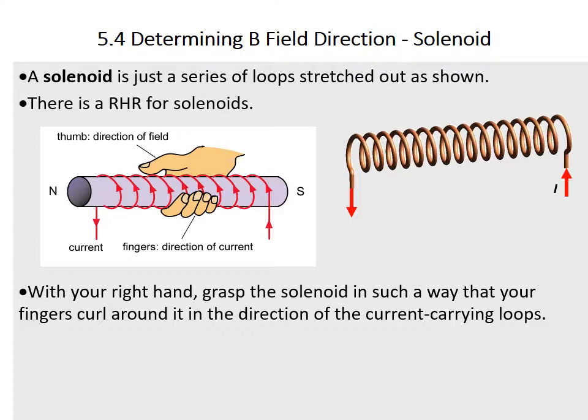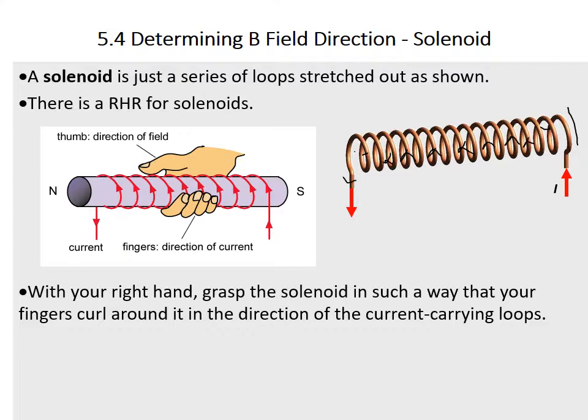It goes up like this and down on the back side. The direction of current on the front of all of these loops is oriented up. On the back of the loops, away from me, the current is oriented down. So down on the back, away from the screen, and up on the front of the screen.